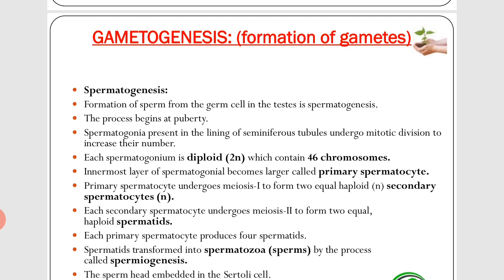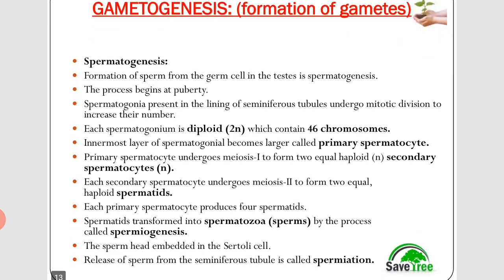Once again I will repeat, they need to undergo spermiogenesis. In simple terms, spermatids will get transformed into spermatozoa or sperms, a process of transformation of non-motile, inactive, non-functional spermatids into motile, active, functional sperms, which you can also call spermatozoa.